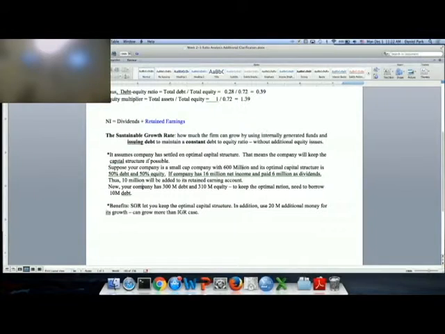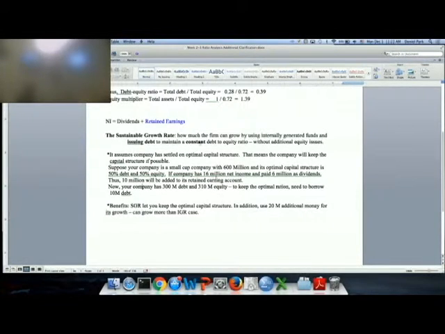So this SGR, sustainable growth rate, how the company can grow, will allow you to use retained earnings money of 10 million plus borrowed money of 10 million. In total you use 20 million and try to achieve the growth.